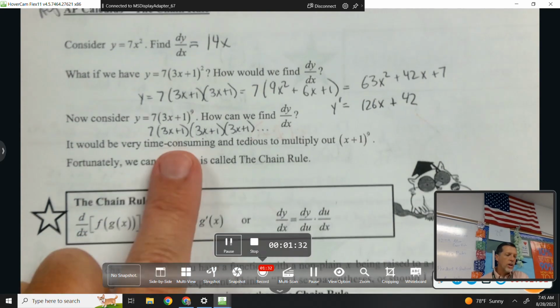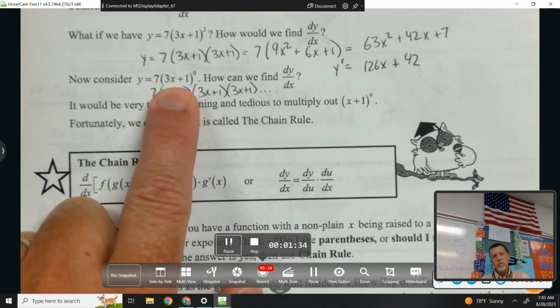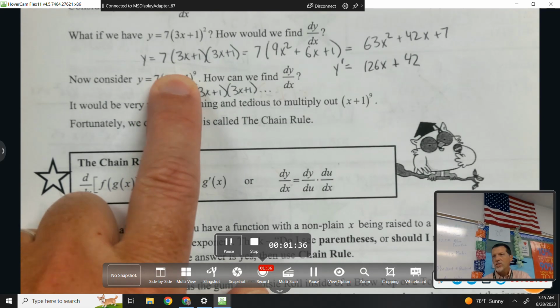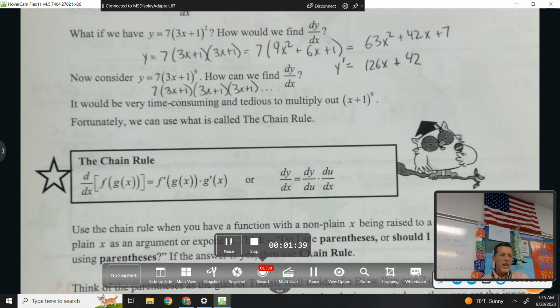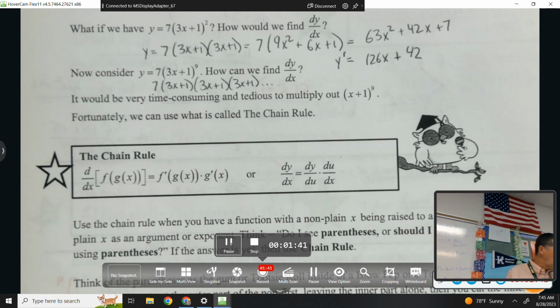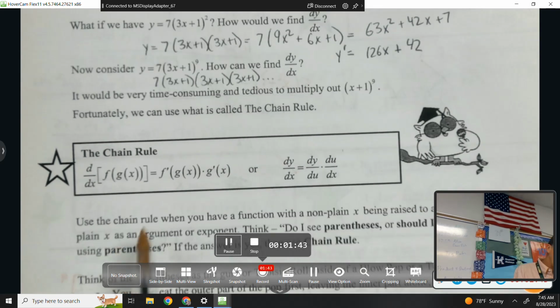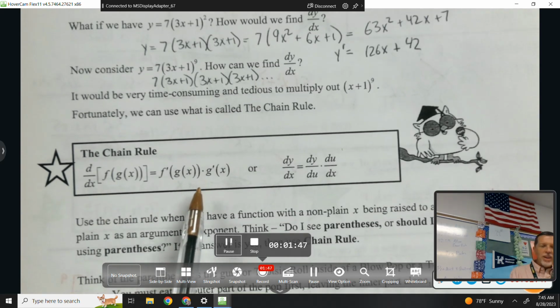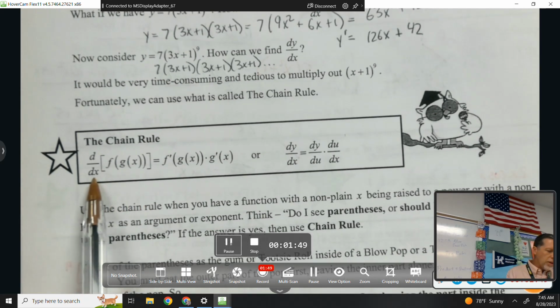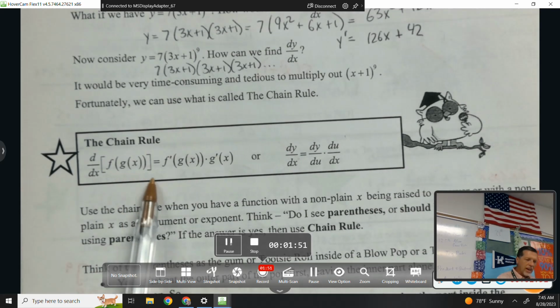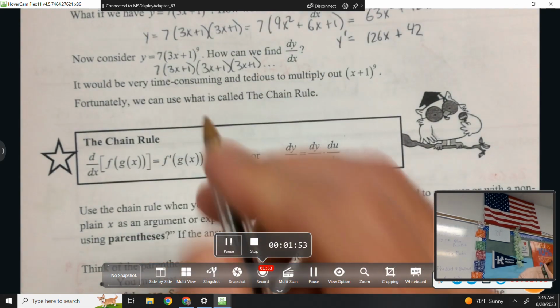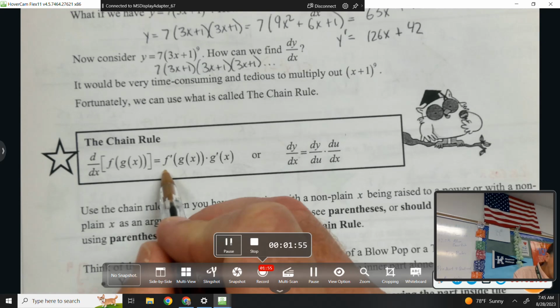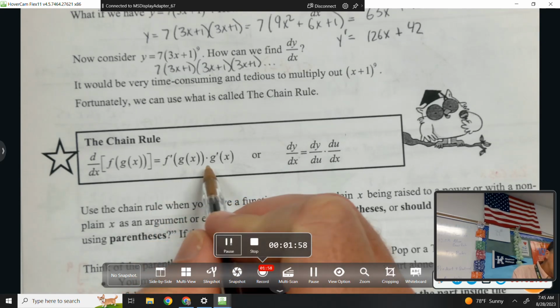Well, there is a shortcut for that sort of nested function thing, some function involved in another function. And that's what the chain rule is. I think it's easier in practice than this makes it out to be. The derivative of f of g of x is f prime of g times g prime.